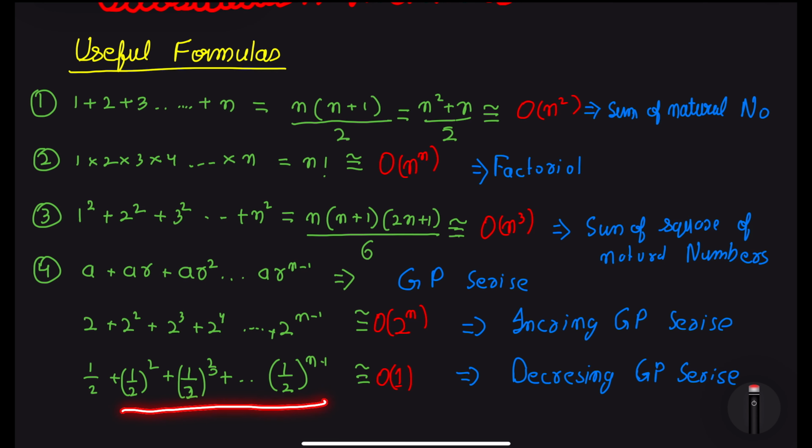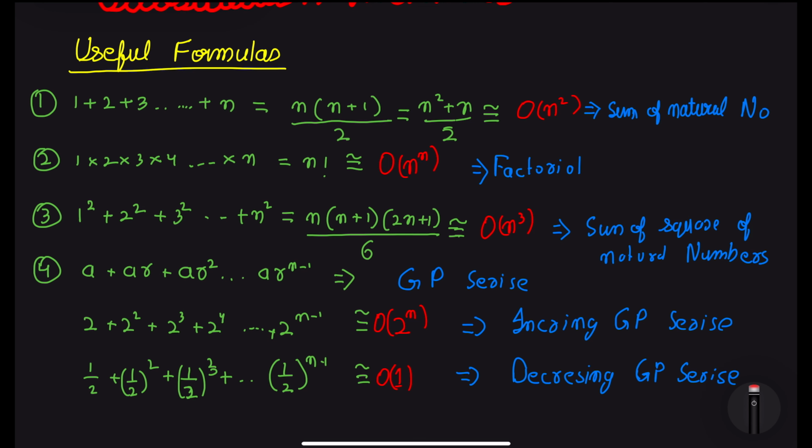They are very small compared to 1 by 2, so we can write it as big O of 1. So a decreasing series will be big O of 1, and an increasing series will be the last term of the series, here 2 raised to the power n.